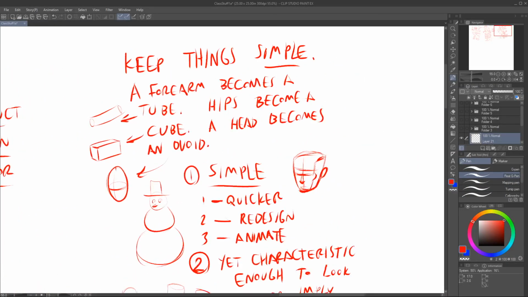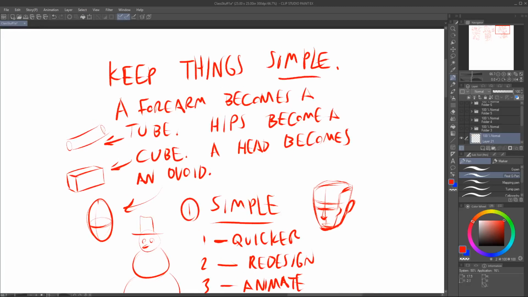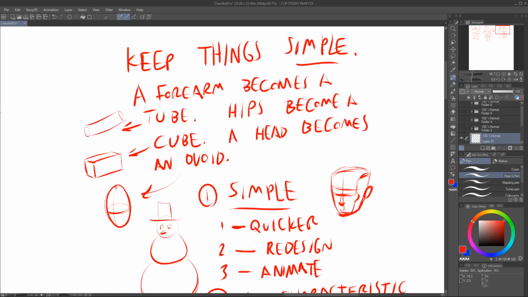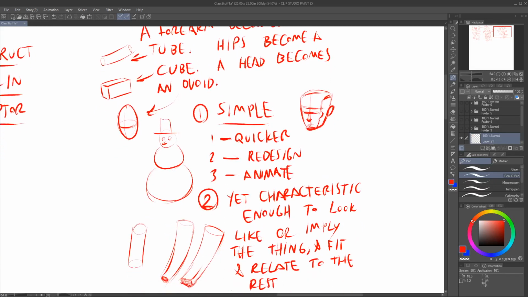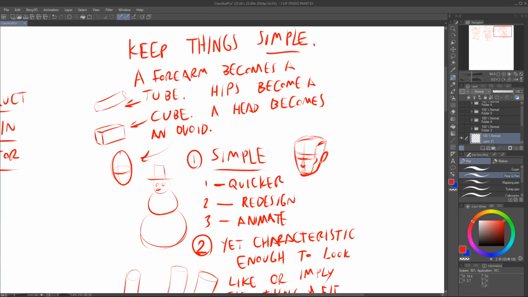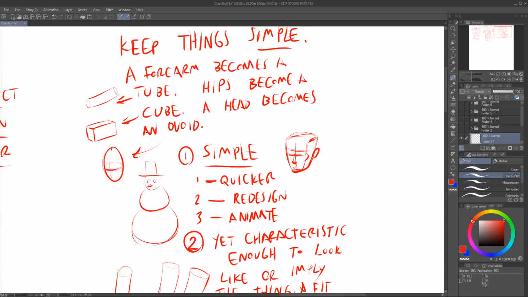Keep things simple. A forearm becomes a tube, hips become a cube, heads become an ovoid, for example. You want to keep things simple because drawing simple means you can draw quicker. You can redesign things easier, and you can animate it. By animate it, I don't literally mean animate, although you can use this for animation.